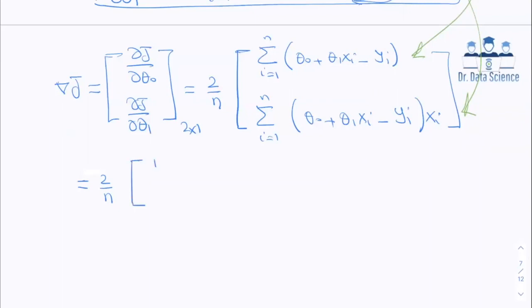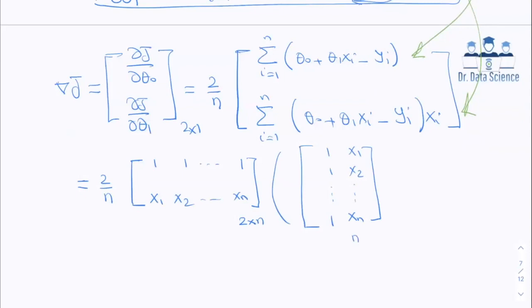And then I form a matrix that has 2 rows and n columns. So this is 2 by n. And then I claim that I can transpose this original matrix that we have and write it in this form, which is n by 2, because we have n rows and 2 columns.